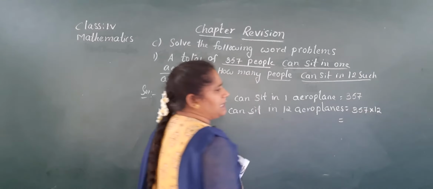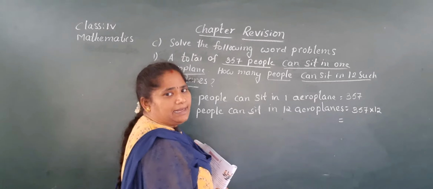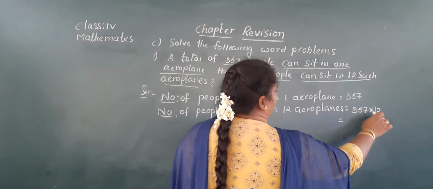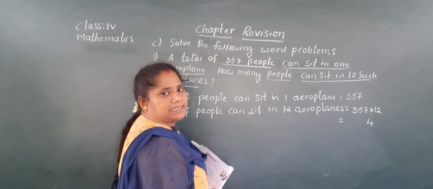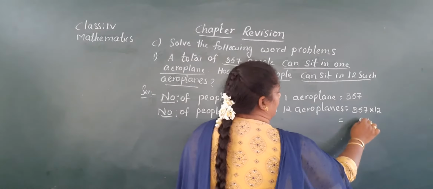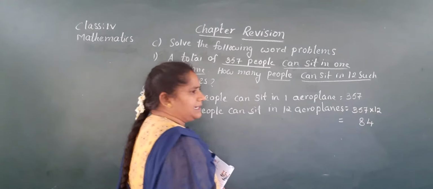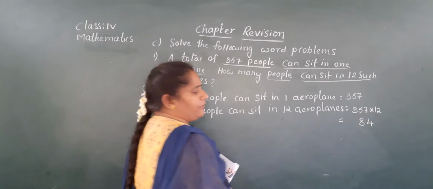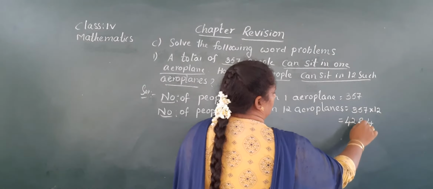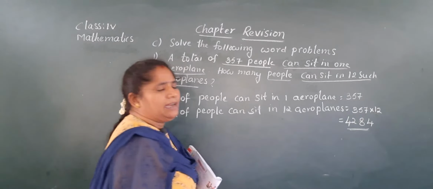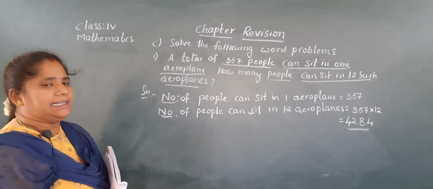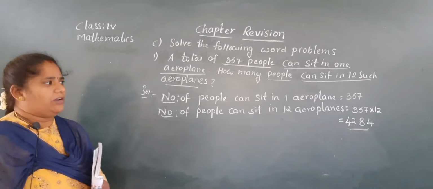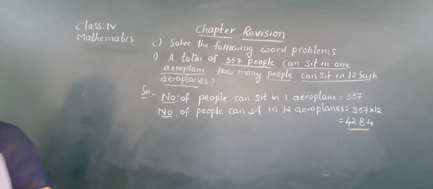So 12 sevens are 84. 8 in hand, 4 is down. 12 fives are 60 plus 8, 68. 6 in hand, 8 is down. 12 threes are 36 plus 6, 42. 4,284 people can sit in 12 aeroplanes. Note down in your classwork children.